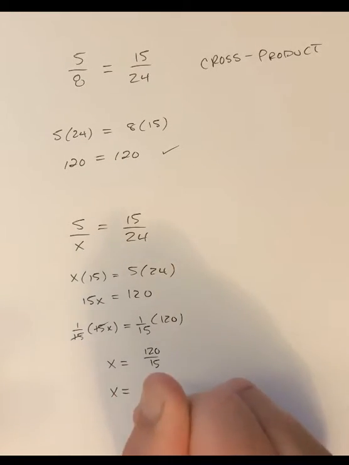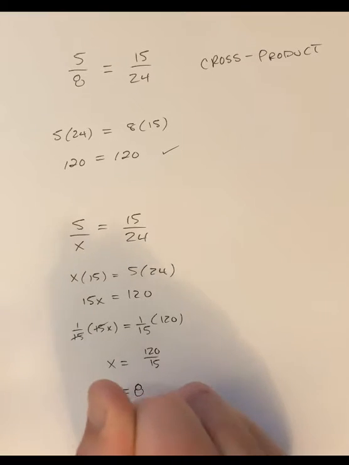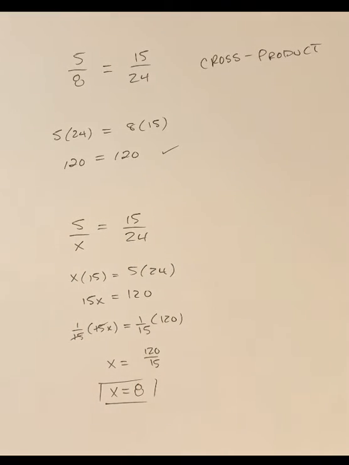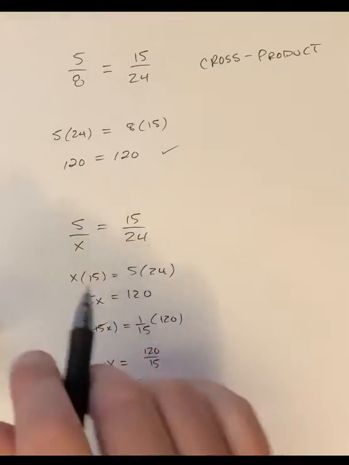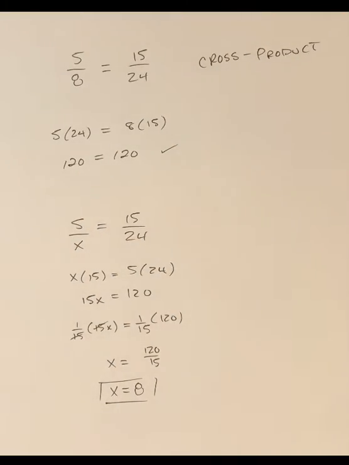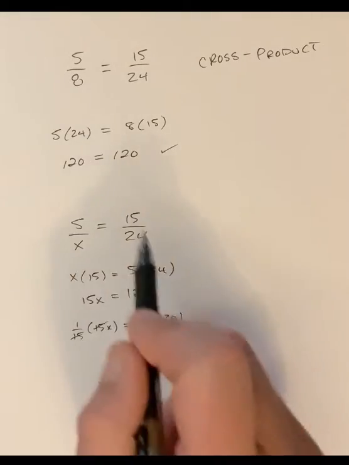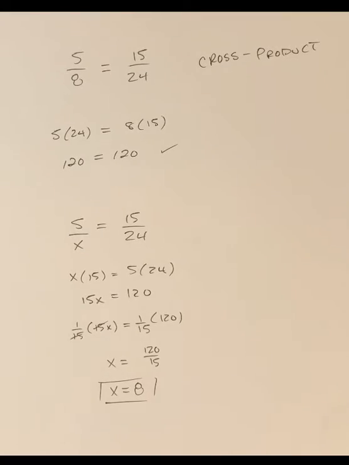And x is going to end up being 8. So proportions, nothing to it. All you really need to do is cross multiply and divide. That's what one of my teachers told me way back in the day, and as long as it's a simpler proportion, that's true. So we'll try another one here in a second where we have to do a little bit more.